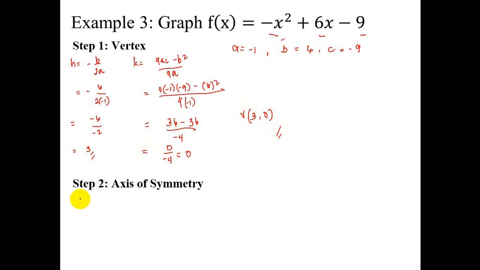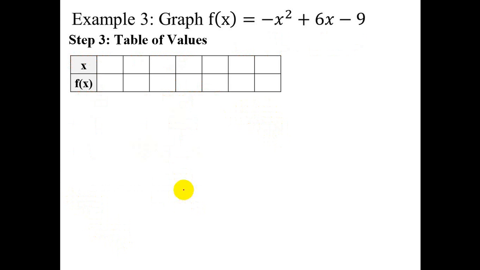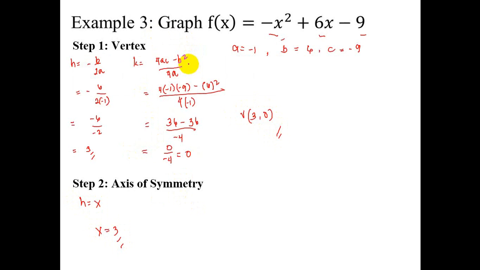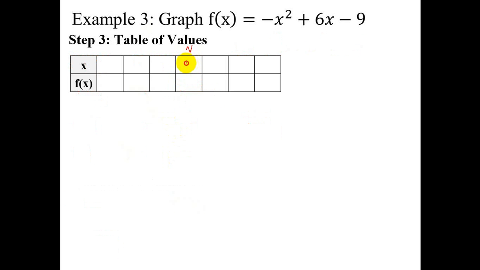Next, we are always saying that H is X, therefore X is equal to 3. We already have the vertex and we already have the axis of symmetry. We can now complete the table of values. In the middle, we have the vertex, which is 3, 0. For the numbers greater than 3, we have 4, 5, and 6, and less than 3, we have 2, 1, 0.